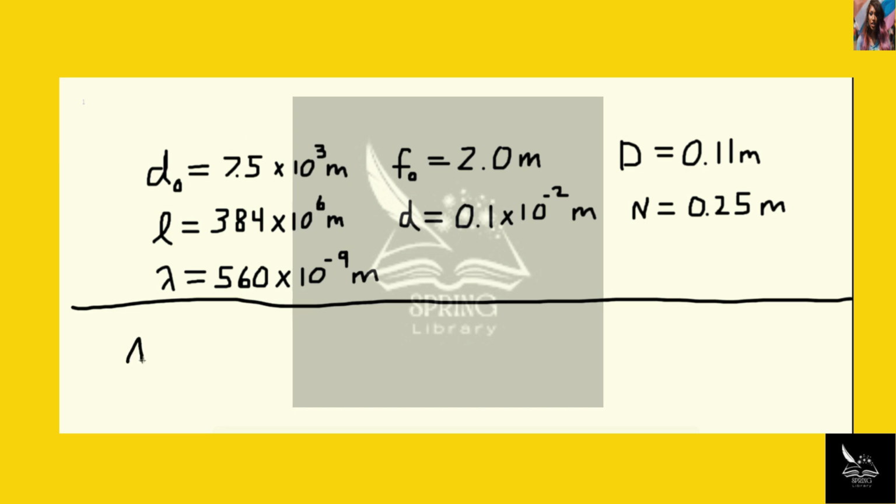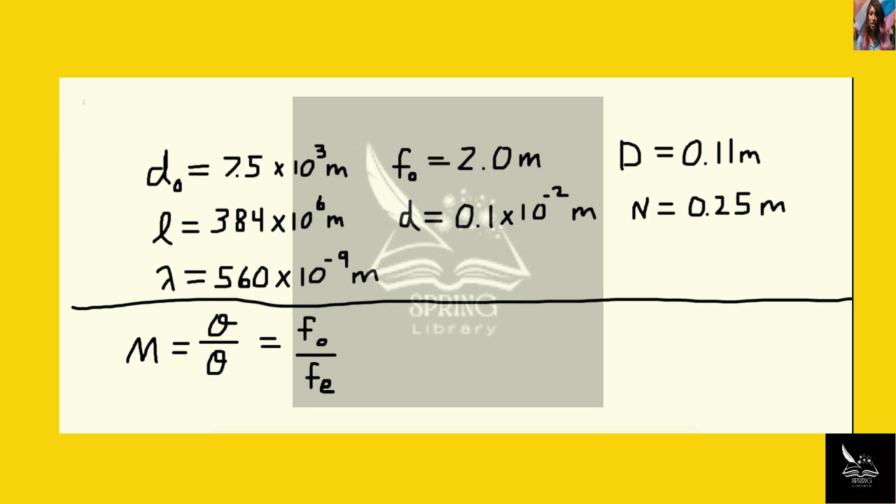The magnitude, m, is equal to theta over theta prime, and it's also equal to F naught divided by the focal length of the eyepiece, F sub E. F naught is the objective focal length, F sub E is the focal length of the eyepiece. Theta prime is the angle subtended by the object when using the lens, and theta is the angle using the unaided eye.